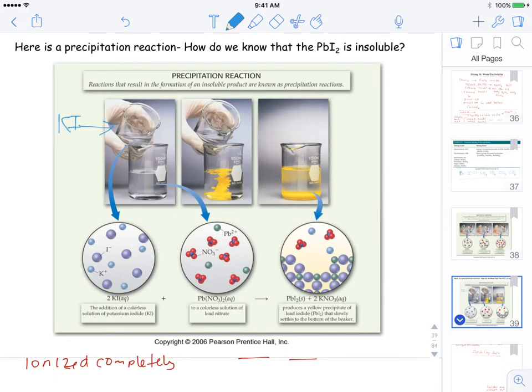In the beaker that's sitting on the table, there's Pb(NO3)2. When you mix them together, you form this really nice, bright yellow precipitate that will eventually sink to the bottom. Something you may want to do is write out a net ionic equation for this. We did this in class at this point. We can talk about that tomorrow.